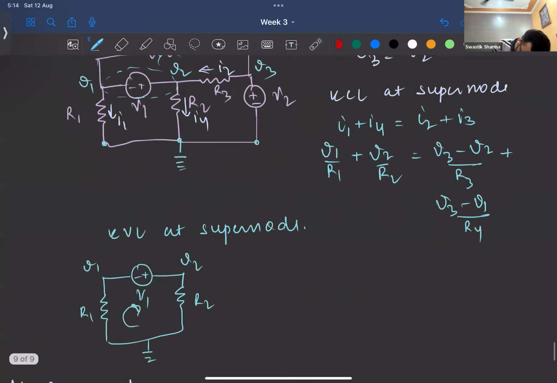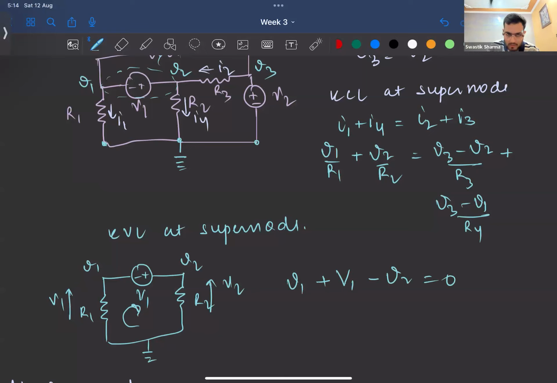We know this potential is small v1. This potential is v2. So it's v1 plus capital V1 minus small v2 equal to 0. That's our KVL. So v1 minus v2 is equal to capital V1.